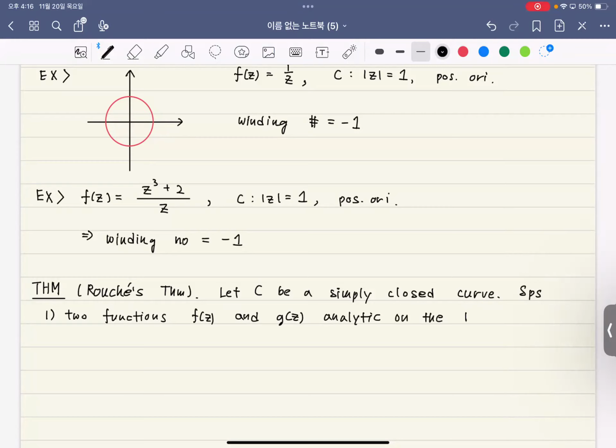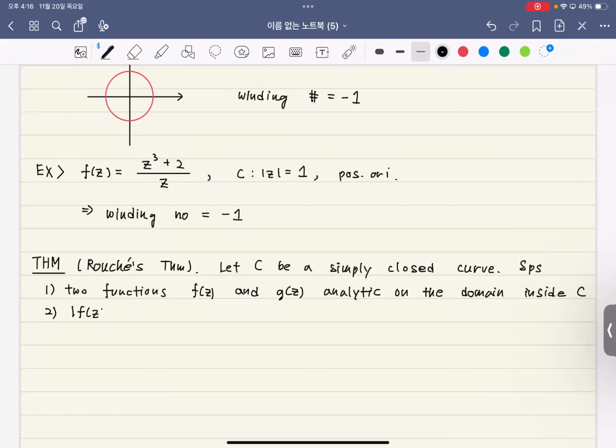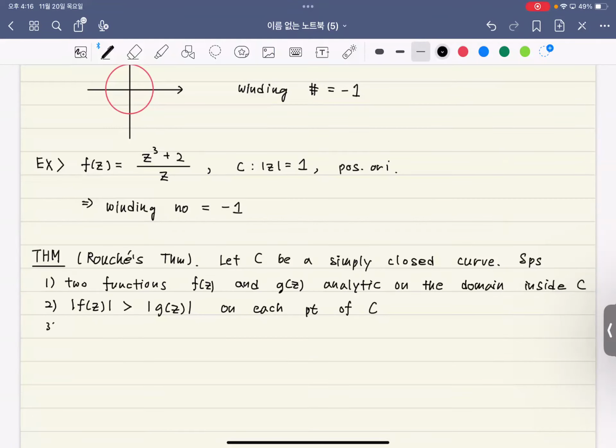On the domain inside C. And condition number 2, the modulus of f of z should always be strictly bigger than the modulus of g of z on each point on the curve C. Then the conclusion is f of z and f of z plus g of z have the same number of zeros.